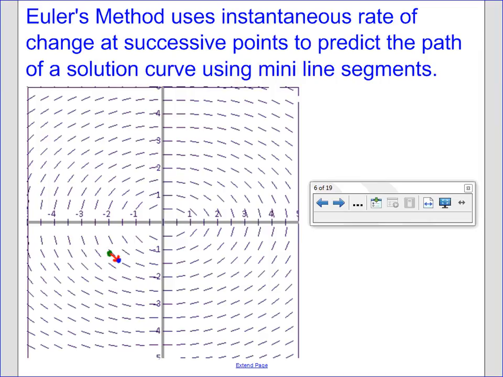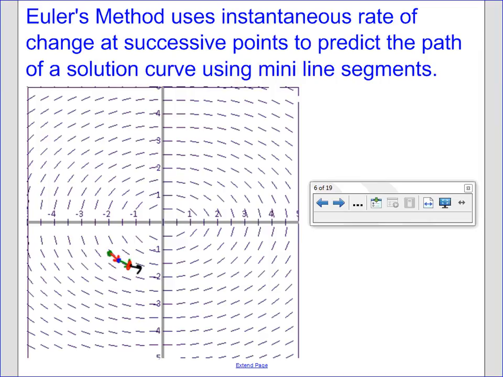Then it'll take this new one in blue and do a slope calculation, redirect based on the new instantaneous rate of change, change direction slightly and then push that along another step. Now I'm at the red point, and it'll do an instantaneous rate of change slope calculation using dy/dx, and readjust using the last known point, and so on and so forth.